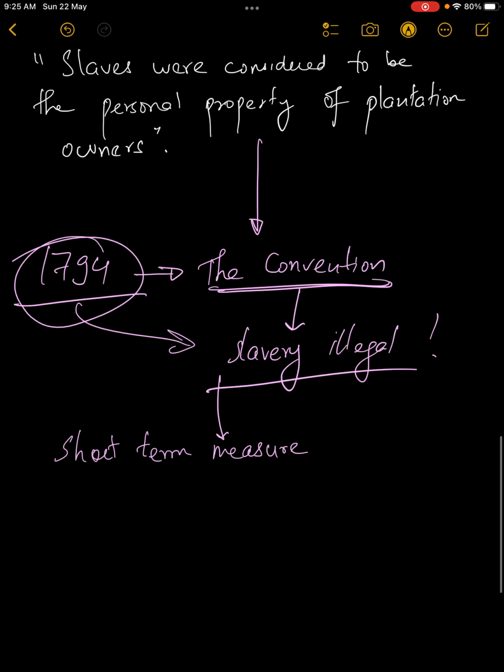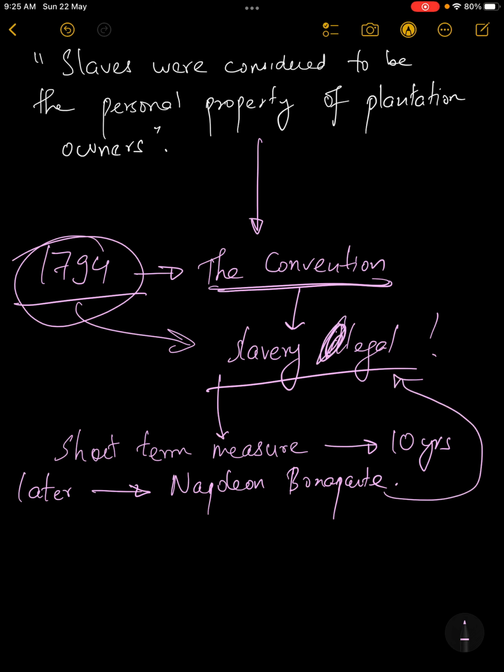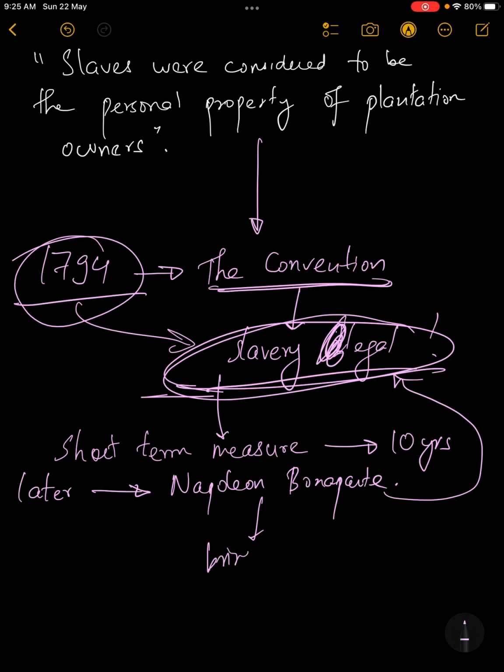It is a short term measure because 10 years later, there is another guy who comes. You all know him very well. You have all heard of him. He is none other than Napoleon Bonaparte. Napoleon Bonaparte comes once again and he makes slavery legal. He brings back slavery. Are you able to understand?